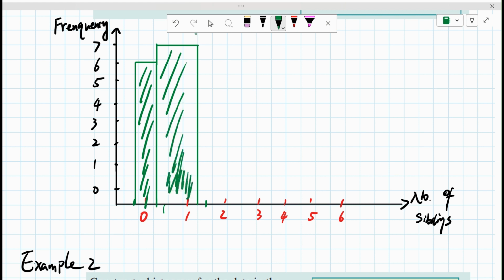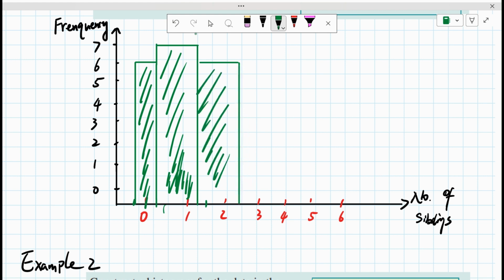And then what happened to 2? We have 6 again, so we're back on 6 for 2, to the middle as always. Then we can create the full graph. 3 is 5, and 4 is 3.